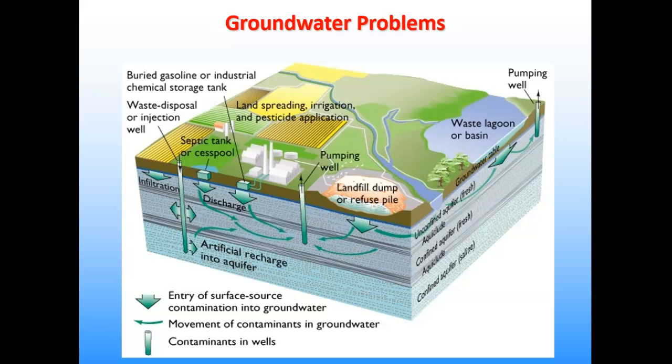All these things can be mobile when we get rain, and it can move that material down into the groundwater. Once it hits the groundwater, it's going to flow in the direction the groundwater is moving, and then it can eventually make its way to populated areas. And then we have issues with that for sure.